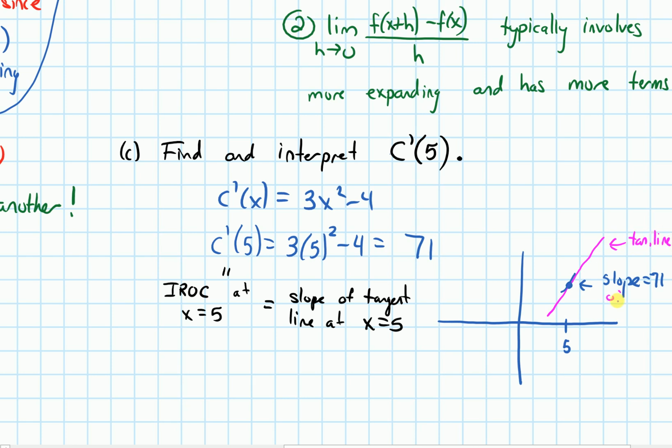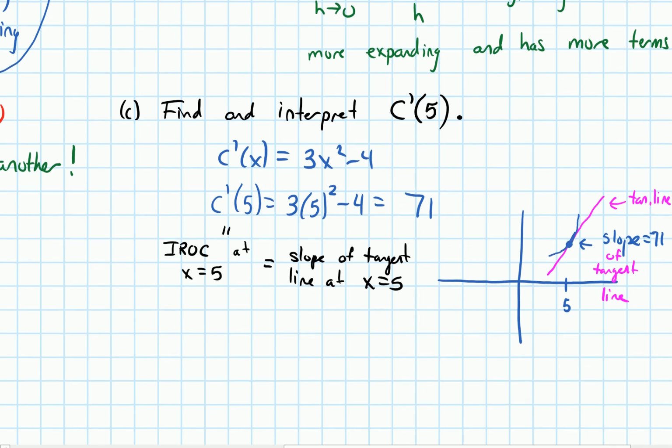So the slope of this tangent line equals 71. Our actual function, this blue graph, may be curvy. It might be curving up or curving down. But the tangent line approximates how steep that function is at this point.